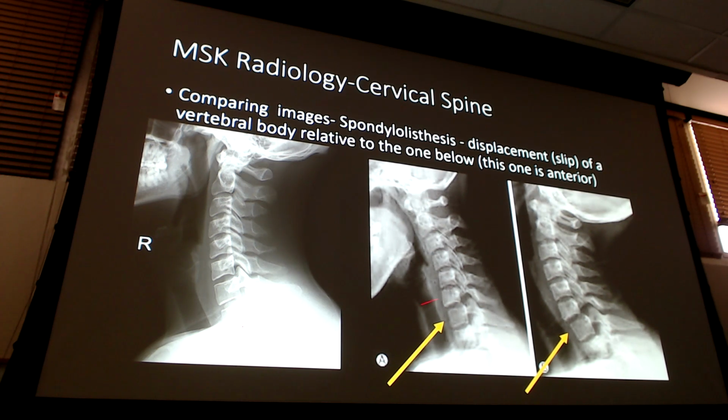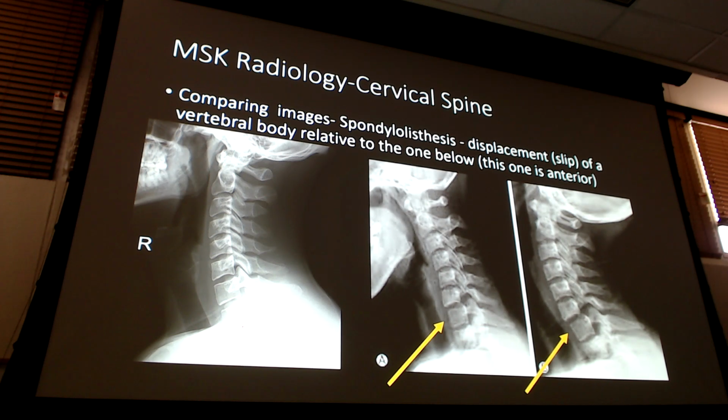Right here. This would be a C6, C7 anterior spondylolisthesis. You see that? You name it for the two vertebrae that are affected, the one above and the one below, C6, C7, and then your direction is whichever way that superior vertebral body is going. Is it going anteriorly or is it going posteriorly?